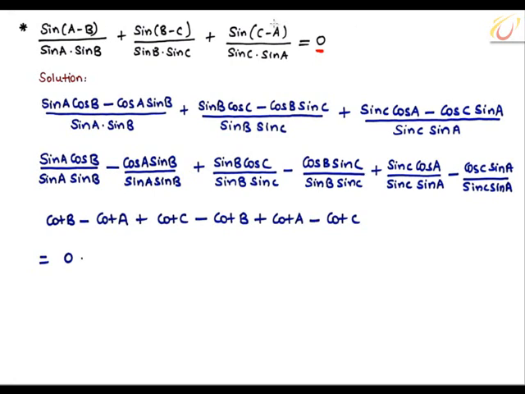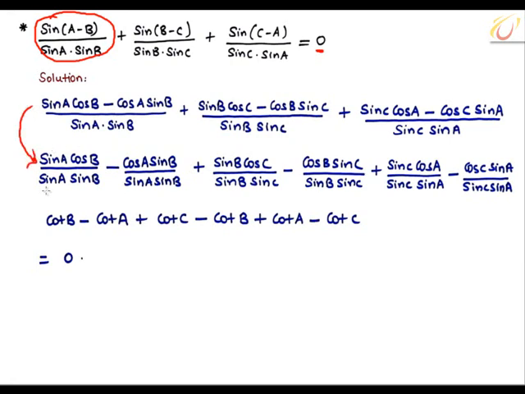So let us check. What is our first term? Sin(A minus B) upon sin A sin B. So sin(A minus B) formula we know: sin A cos B minus cos A sin B, whole thing divided by sin A sin B. I am just focusing on the first term right now. So I separate out the denominator. What do I get?